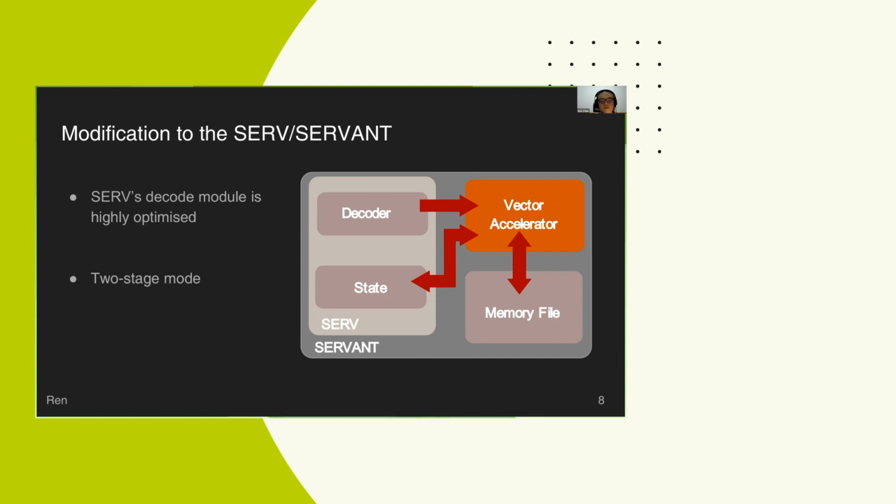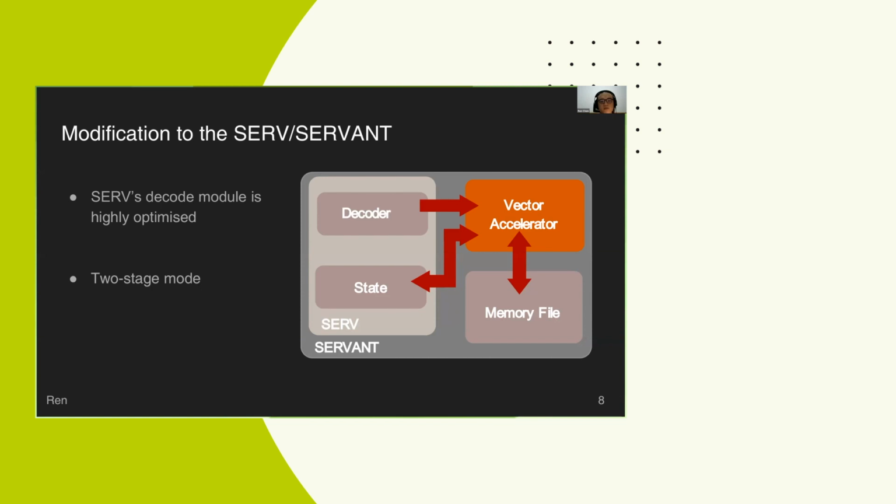Also, the SERV will execute in 2-stage mode, as it calls itself, when executing with any external units. Therefore, there will be about 64 clock cycles, not as a penalty, but as a trade-off to make use of any external units.